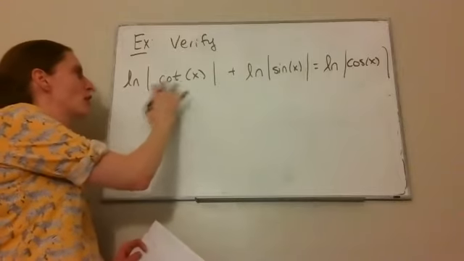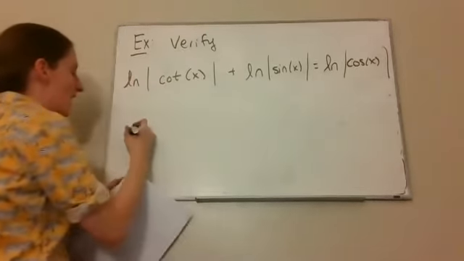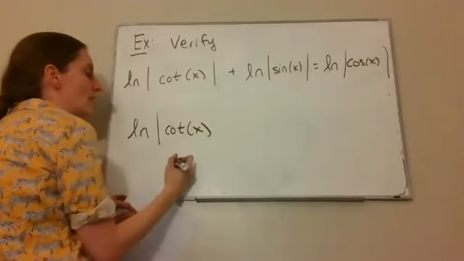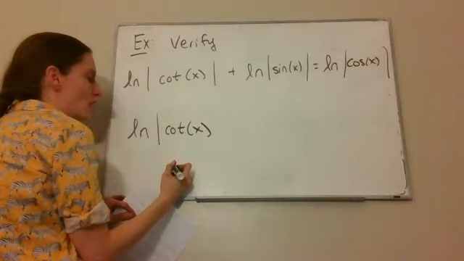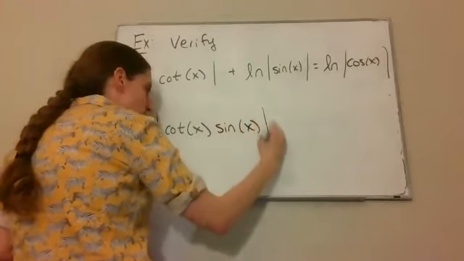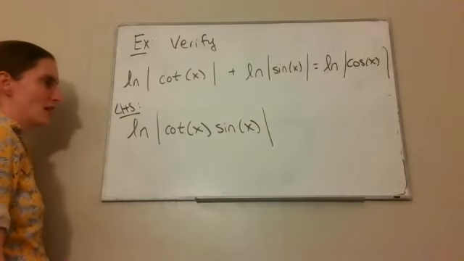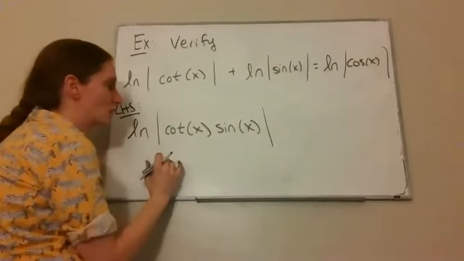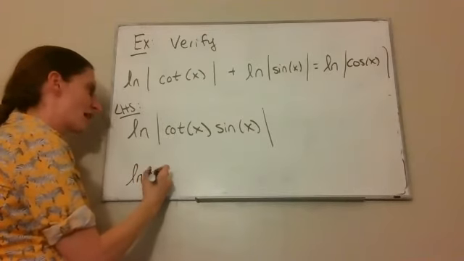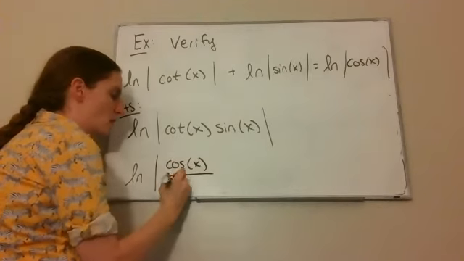When you have a logarithm of the same base and you're adding in the middle, you can rewrite that as a logarithm of the product. So on this left side, I have natural log of cotangent x times sine x. That's my left-hand side of the equation. Now, inside of the natural log, let me use my quotient identity to write cotangent as cosine over sine.